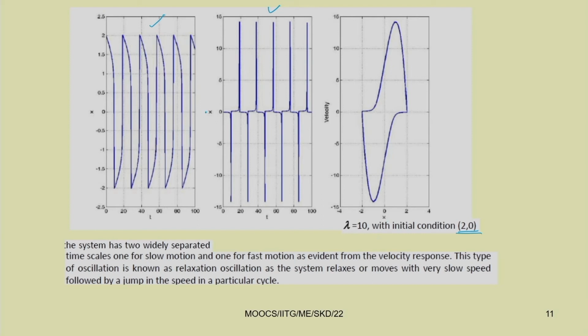From the velocity curve you can see it has two widely separated time scales, one for slow motion and one for fast motion.